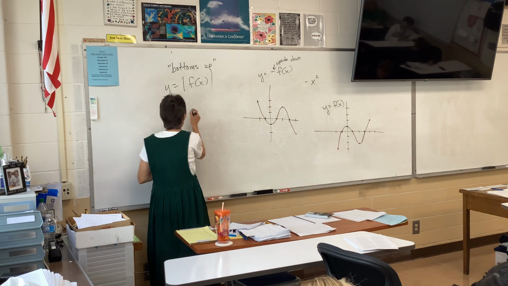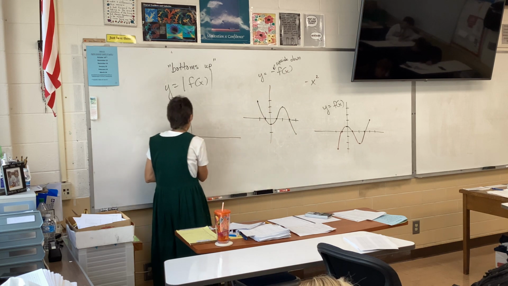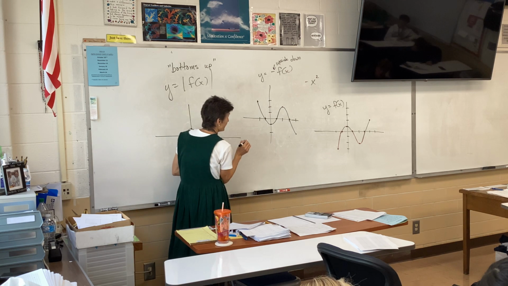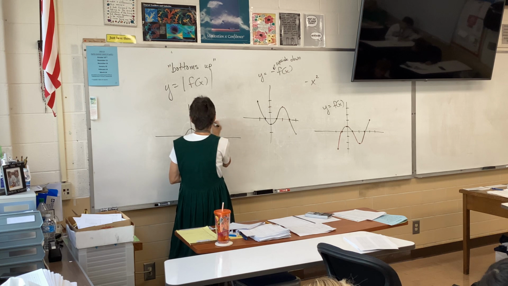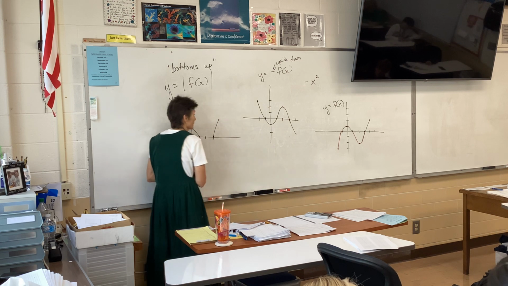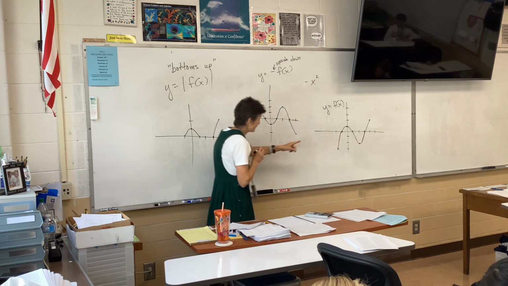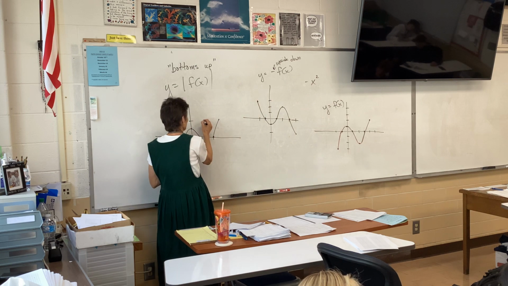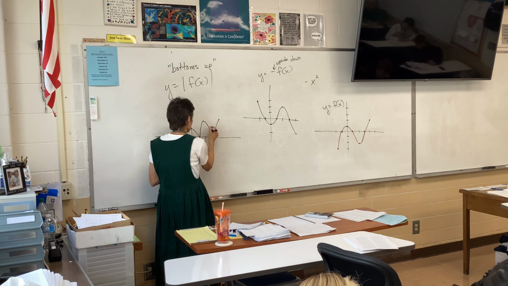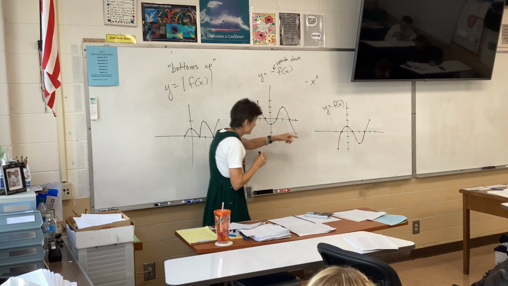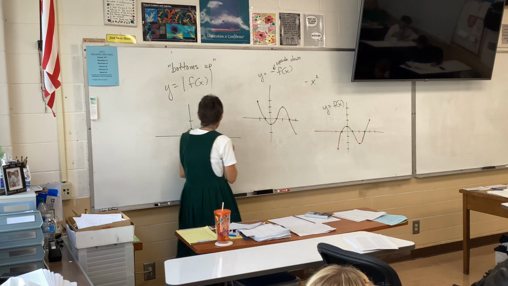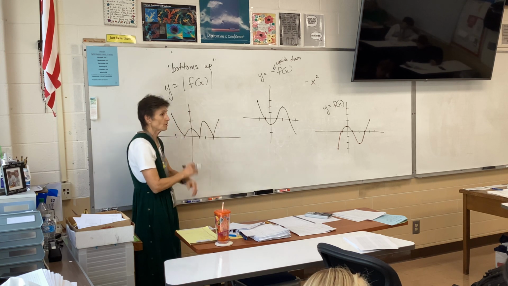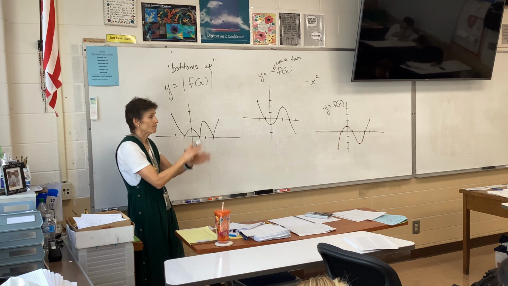So when I graph that, anything that's black is staying the same. So that's staying the same, and this is staying the same. But this little parabola looking thing, he's got to go up because I'm taking the absolute value of him, so he's got to go up. And this little guy shooting down here, he's got to go up. There is a picture of the absolute value of the whole function.